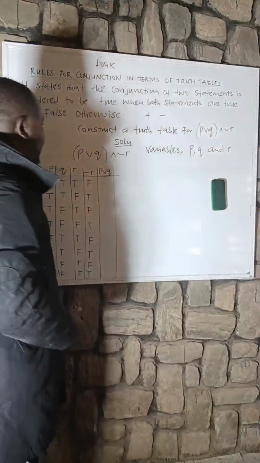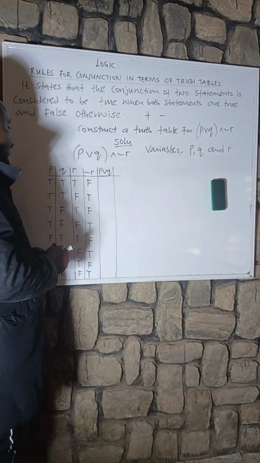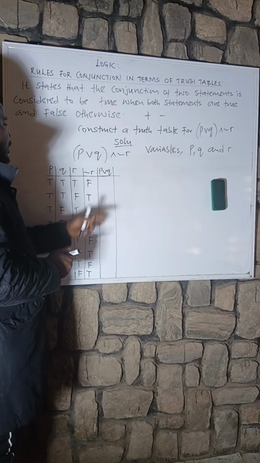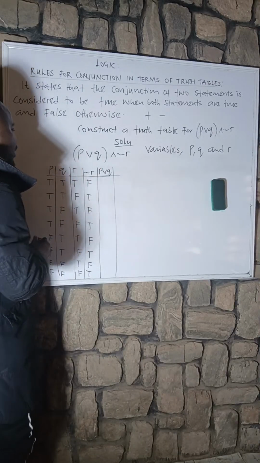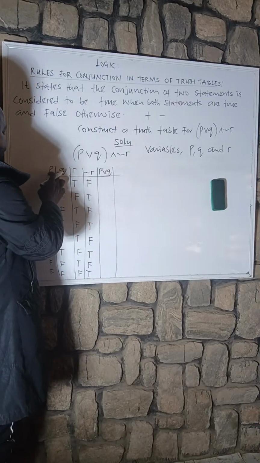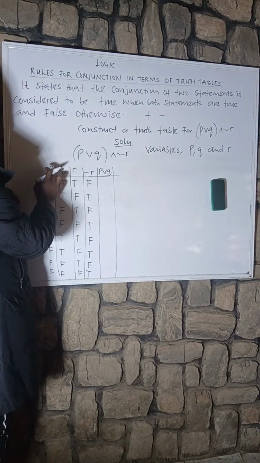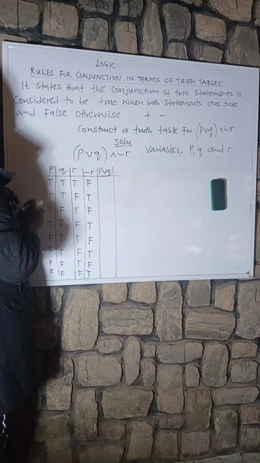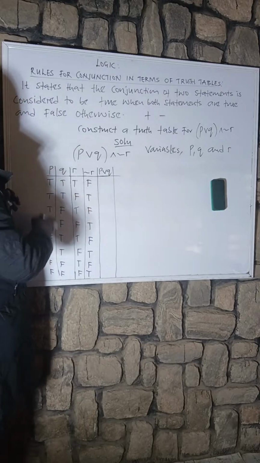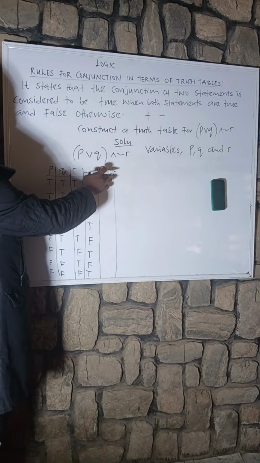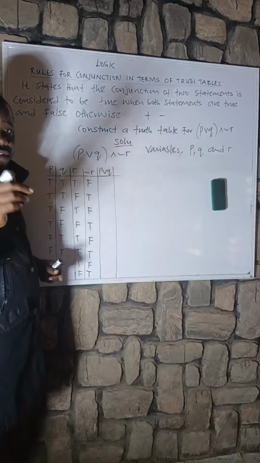So here, P conjunction Q, this is where you come: this and this two columns. Because it is P and Q, not arrow. Please take note.